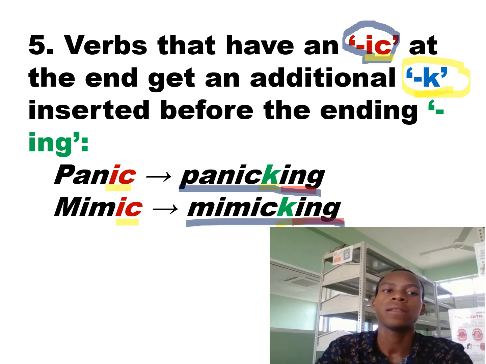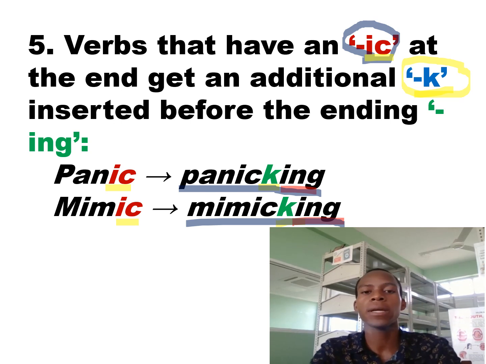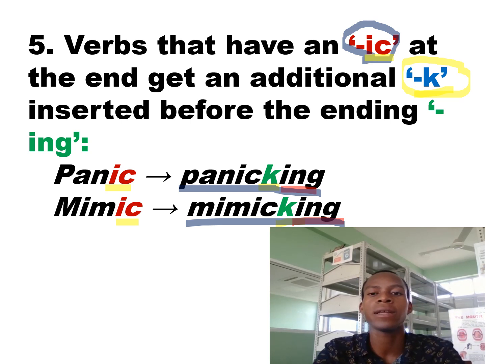So these are the ways we can make the present participle for the verbs that end in IC when we are doing our writing in a systematic way.